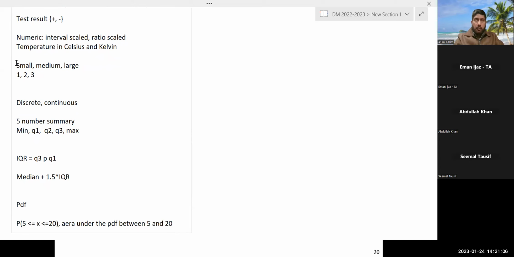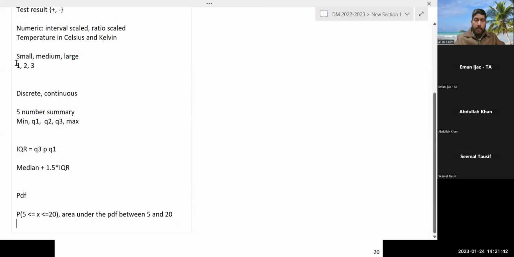So this is the probability that a value would lie between 5 and 20 if you have a PDF. PDF, as I said, is a probability density function. And sometimes all of these functions, we simply call them distributions as well. Distributions are basically trying to tell you something about the spread of the data.